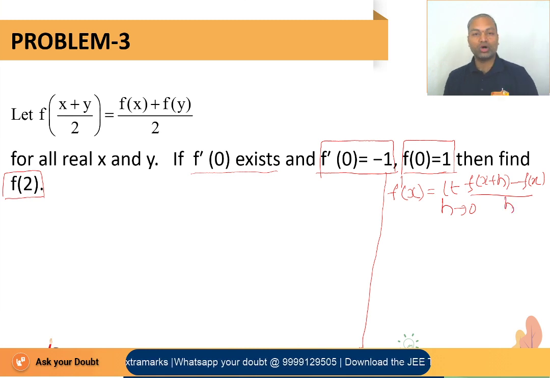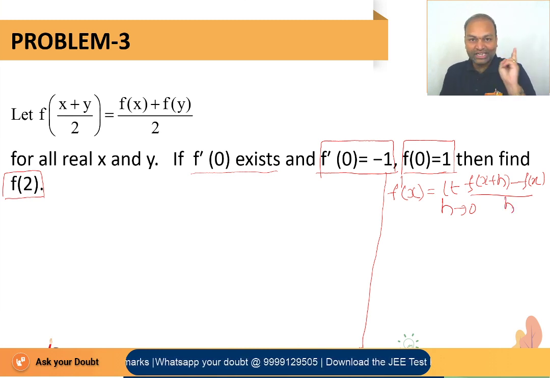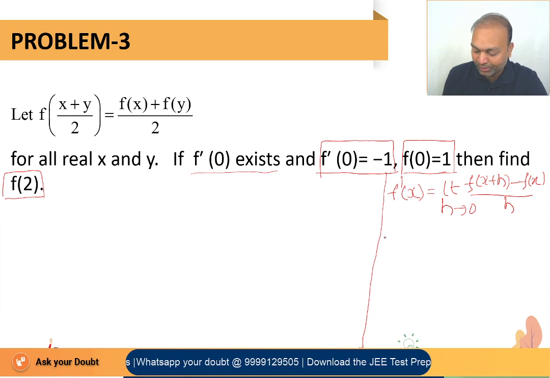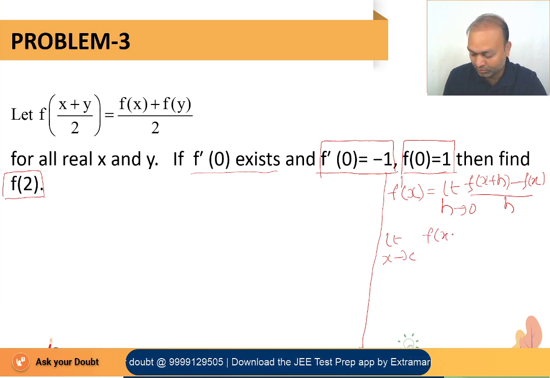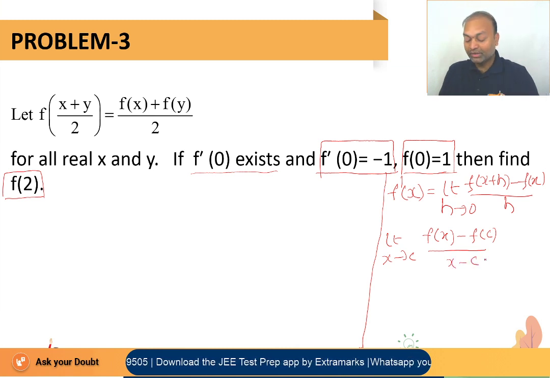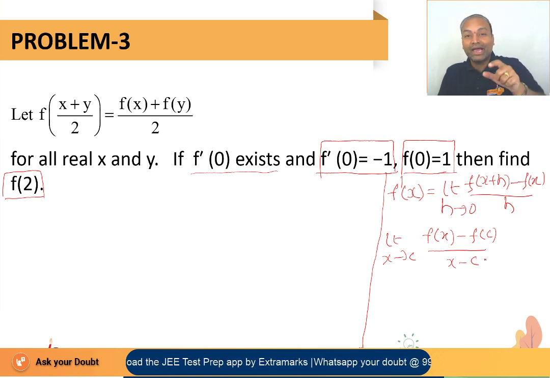And the second point, see, limit x tends to c of f of x minus f of c by x minus c exists finitely.